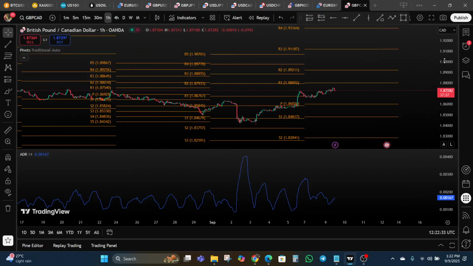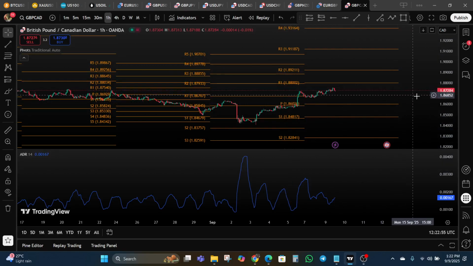We have the main pivot point, which is P, and we have support 1, which is S1, support 2, which is S2, resistance 1, which is R1, and resistance 2, which is R2. Then of course you might have more support levels and more resistance levels.